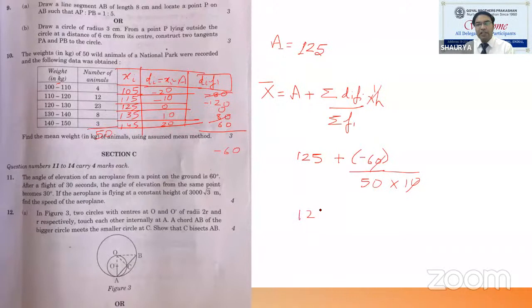We have our answer as 125 minus 6 upon 50. That is very nearby 125, right? 125 minus 0.12. So precisely my answer is 124.88. This is the mean found by the assumed mean method.